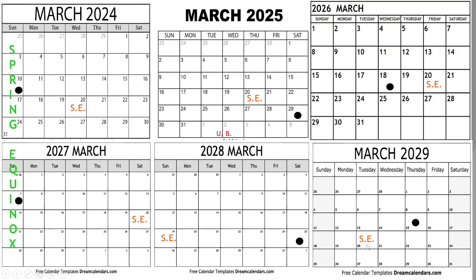One thing I want to draw your attention to is this. In 2028, where the spring equinox is on the 19th, this is going to be sort of difficult for me to explain, but I'm going to do my best. Even though the equinox looks like it's showing up on the 19th, because of the way the Roman calendar shifts, it looks like it's showing up on the 19th, right?